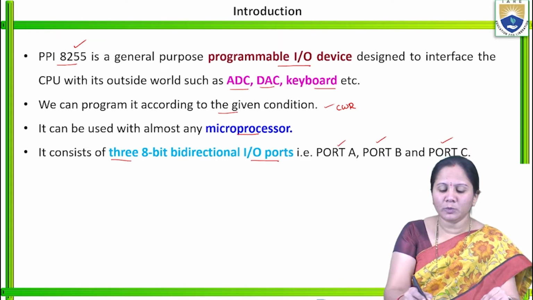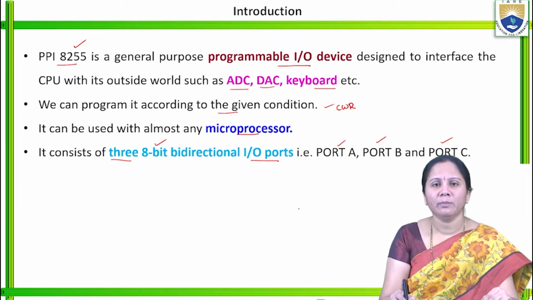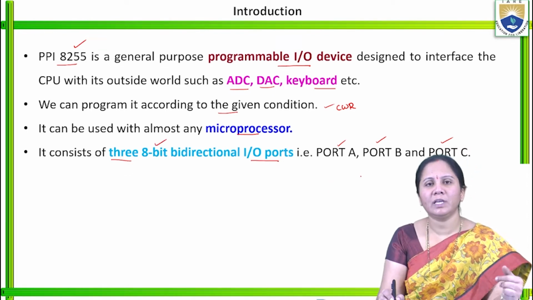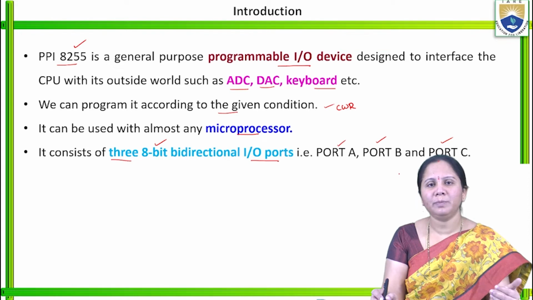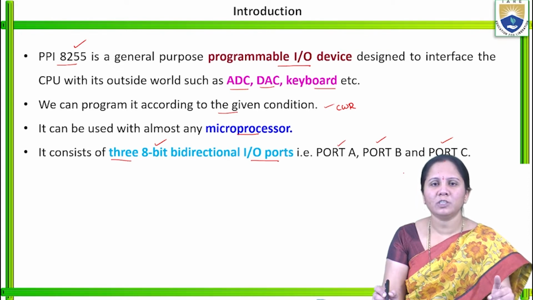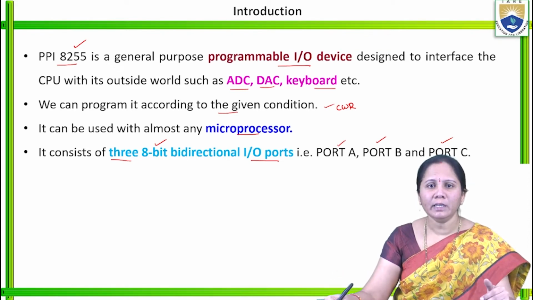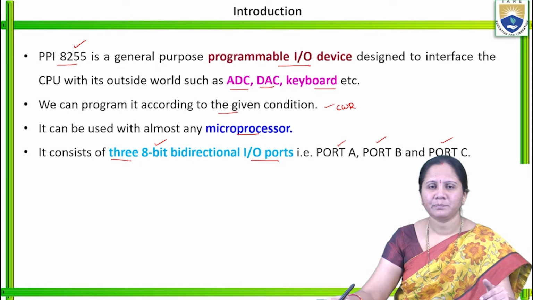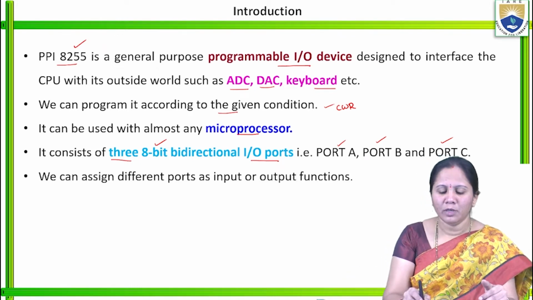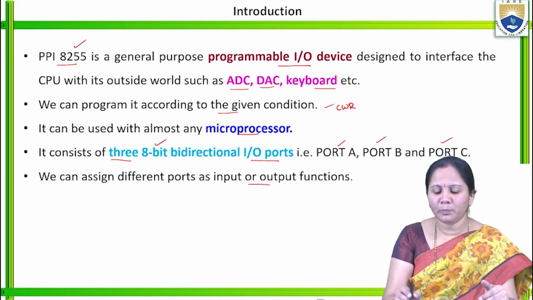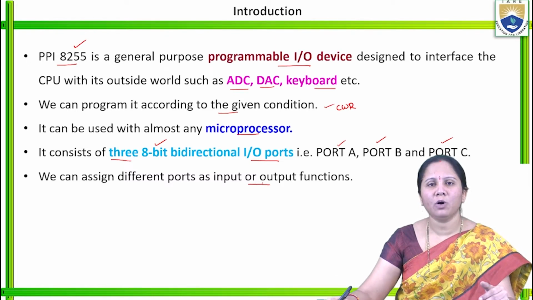Each port size is 8 bits. That means in port A we have 8 bits, in port B we have 8 bits, and port C also consists of 8 bits. Now, we can assign different ports as input or output functions.